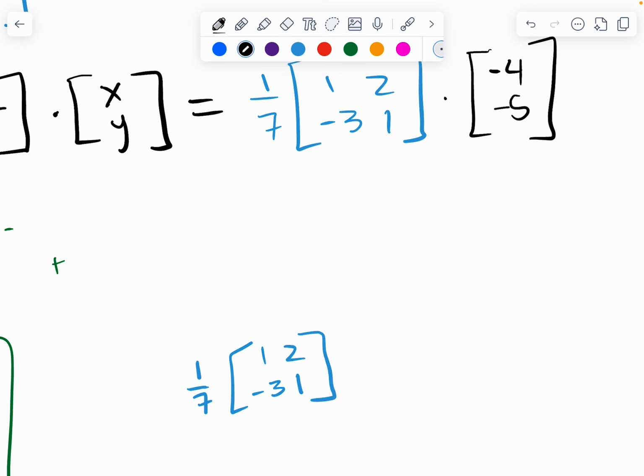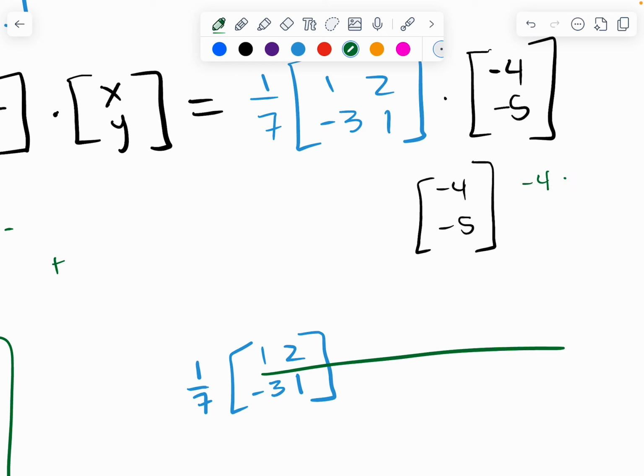And this is negative 4, negative 5. And we're going to do this. So that would get me negative 4 minus 10, which is negative 14. And then this would get me 12 minus 5, which is 7.